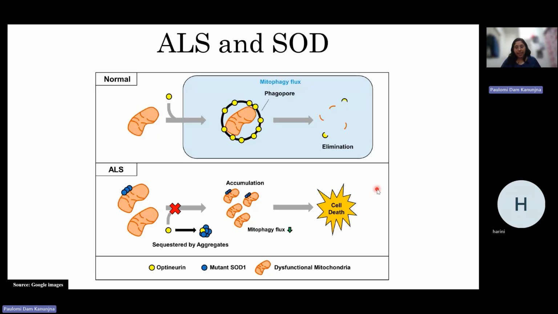So you don't want that. That's why the body tries to remove all of these ROS, all these reactive oxygen species. Every species is basically all the groups which have reactive oxygen. So anything which has reactive oxygen is something that we don't want in the cell. So you want them to go away, right?